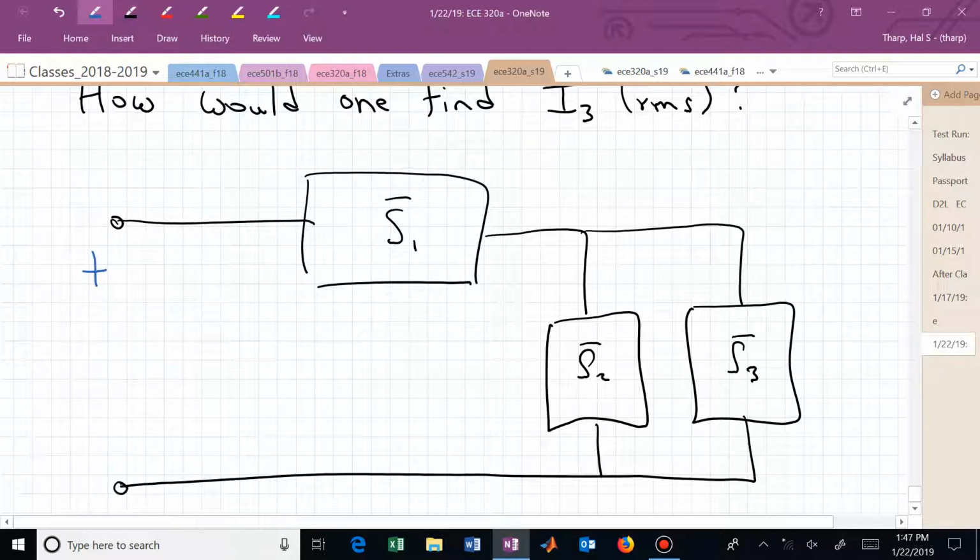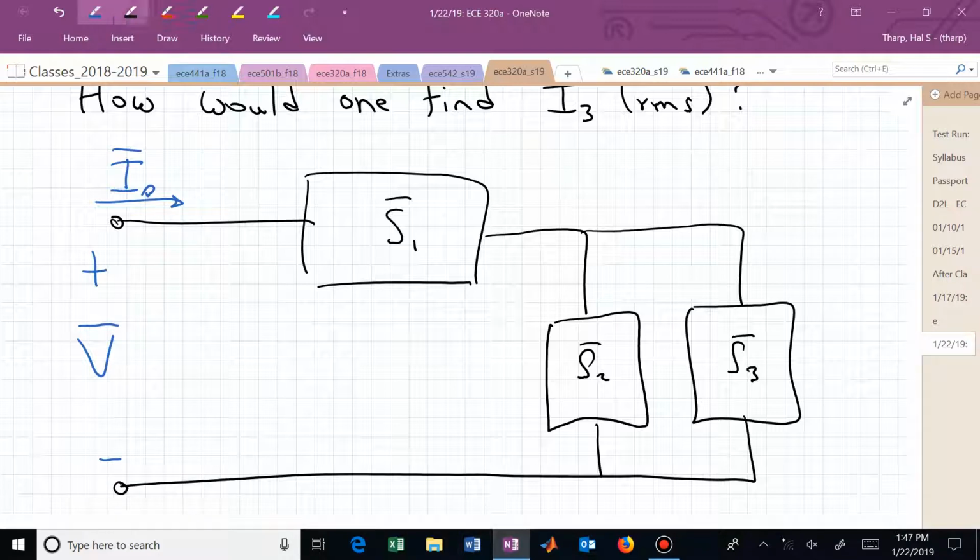We've calculated this current, I sub S. We were given this voltage. What we now want to know is what's that particular current, I sub 3.